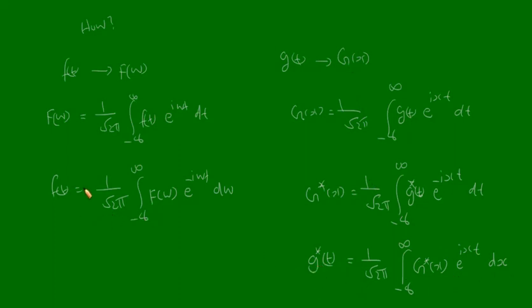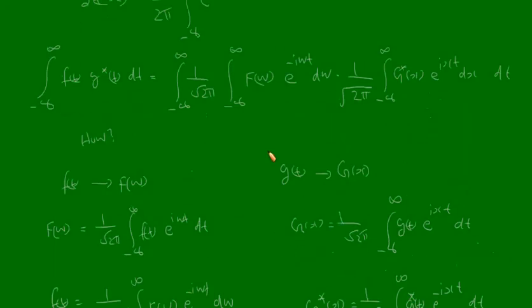Okay, now if we multiply f of t and g star t, you will get this step.